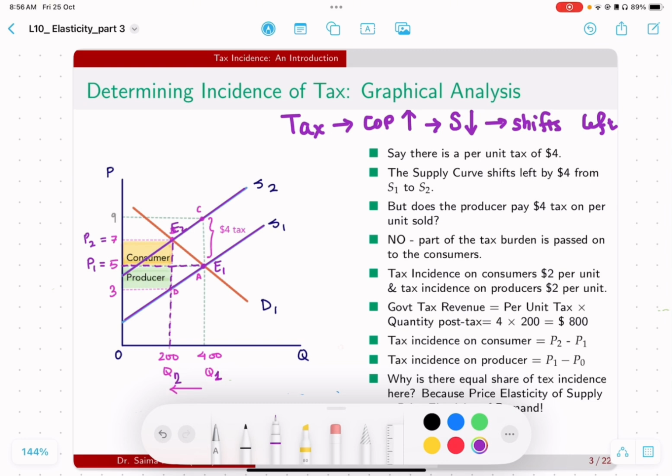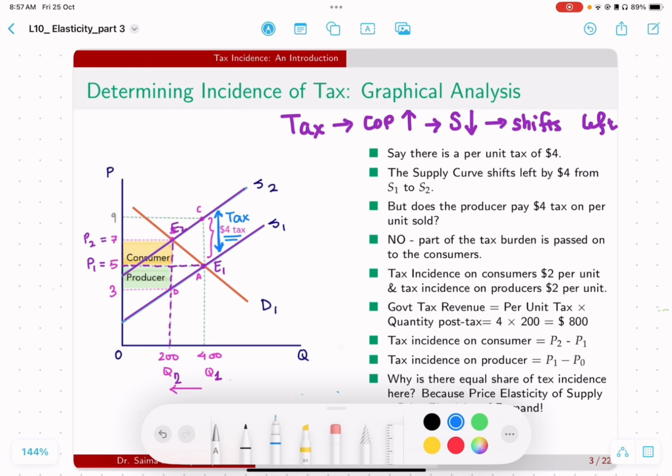Before we figure out the burden of tax, let's understand where the tax shows up in this diagram. Always remember that the vertical distance between the two supply curves is your tax amount. Let's say the tax is $4, then this vertical distance represents the $4 in taxes.